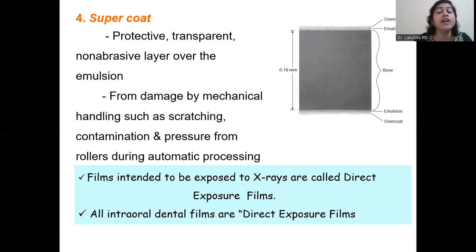These are all your intensifying screen film combinations, where you need an intensifying screen so that if the film is placed within the intensifying screen, once the X-rays fall onto the intensifying screens, it will emit visible light, and then that visible light is what creates a radiographic image.